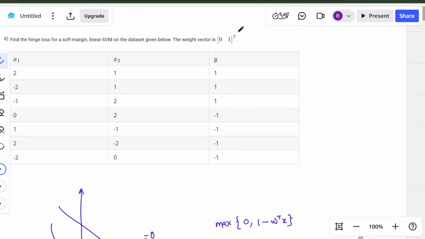So here this is my W, right? So W transpose X will be just X2, right? So this is also same as W transpose X. And then 1 minus W transpose X will be, let me just write it here.